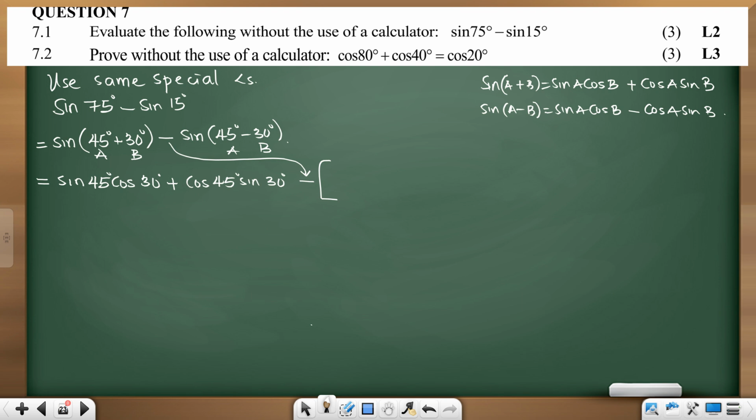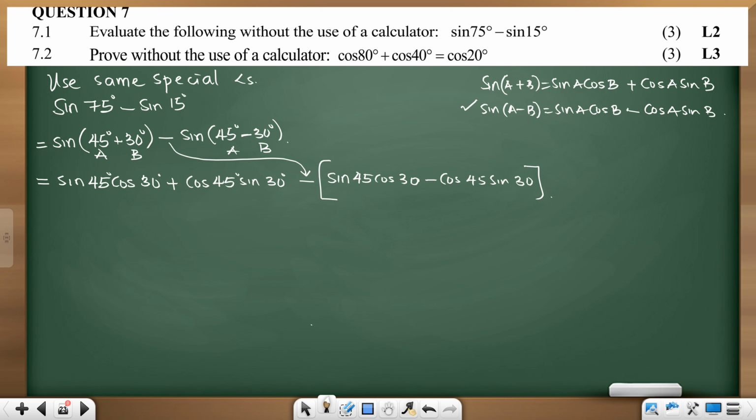So what do we have now? Use the formula again. Sine 45 cos 30. It's a minus, so I'm using the second one. What is my sign? Minus. Minus cos A sine 30. Done. Yeah, expand now.